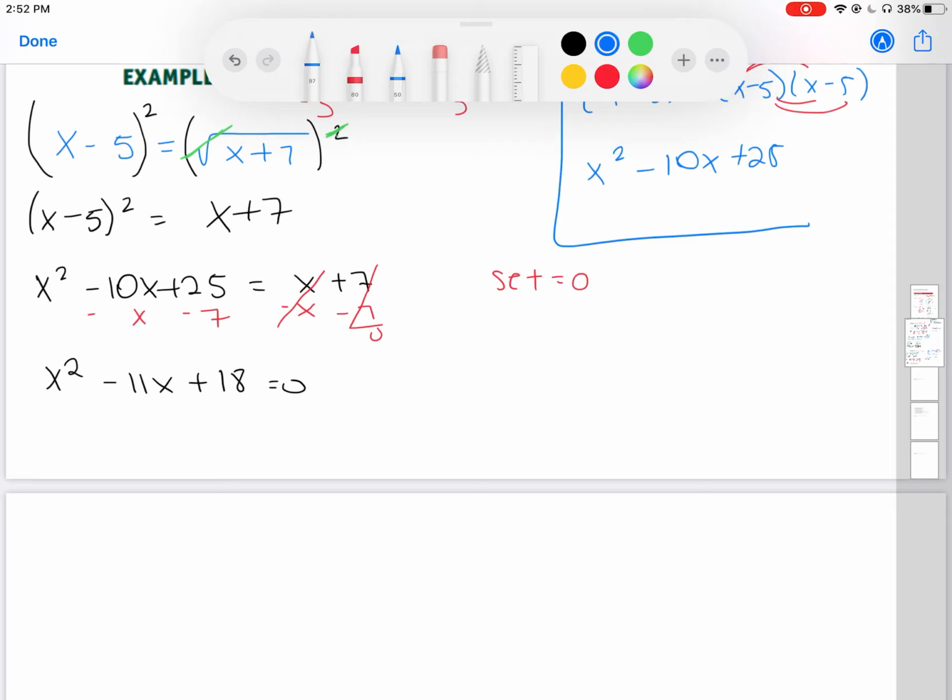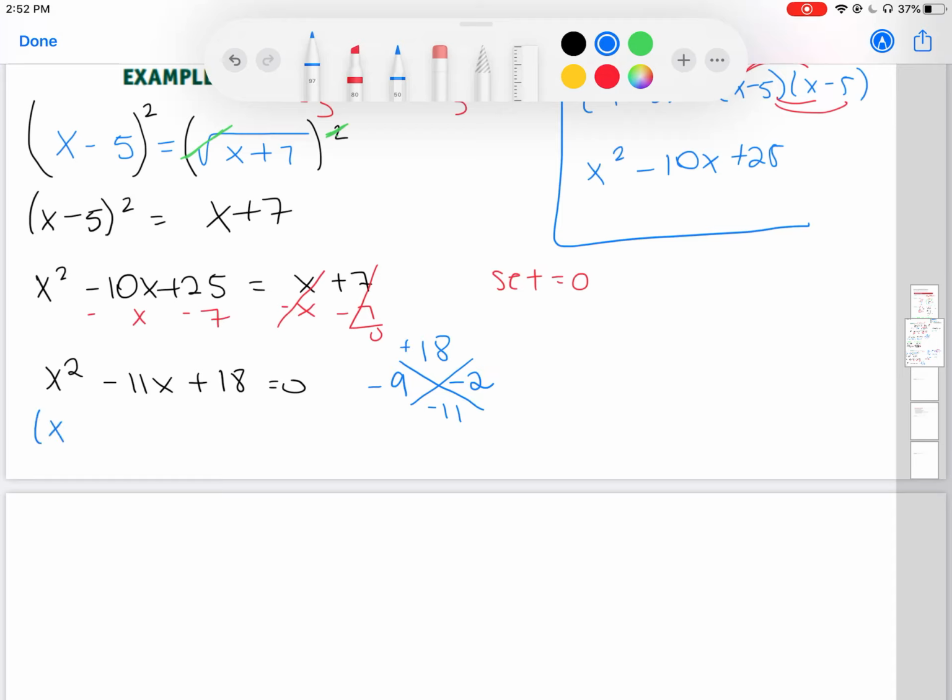All right, let's see if we can factor. So what numbers multiply to give you 18, that add to give you negative 11? 9 and 2 look promising. Now I need to add to be a negative and multiply to be positive. So if they're both negative, that will satisfy that.